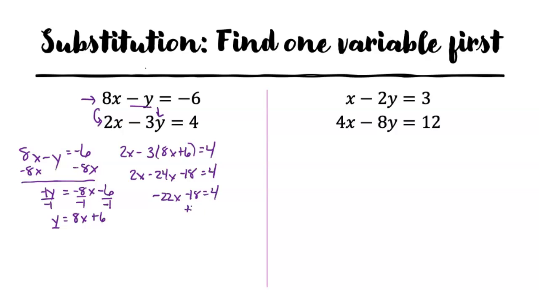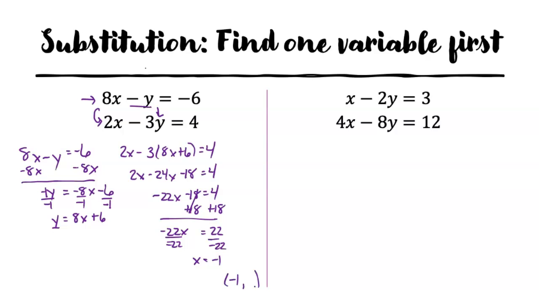Looks like we're going to add 18 to both sides. And we have negative 22x, these cancel, equals 22. Divide by negative 22 on both sides, and our x value looks like it would be negative 1.